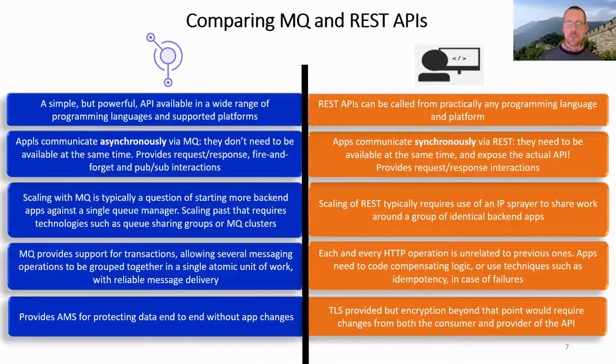That's not something that REST provides. That requires your applications and your clients to work together, and that can be quite a complicated thing. So from a reliability perspective, if you want to have grouped requests, MQ solves that much better than REST does, certainly at a high, generic level. Now, it may be possible to solve it in individual examples, but that's something a REST API would have to worry about doing, whereas MQ does it for you.